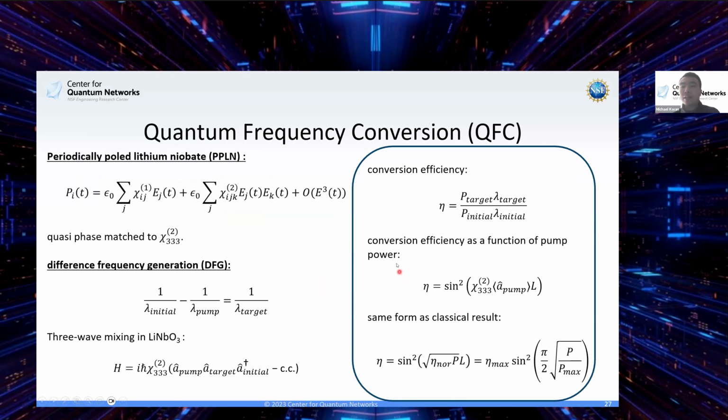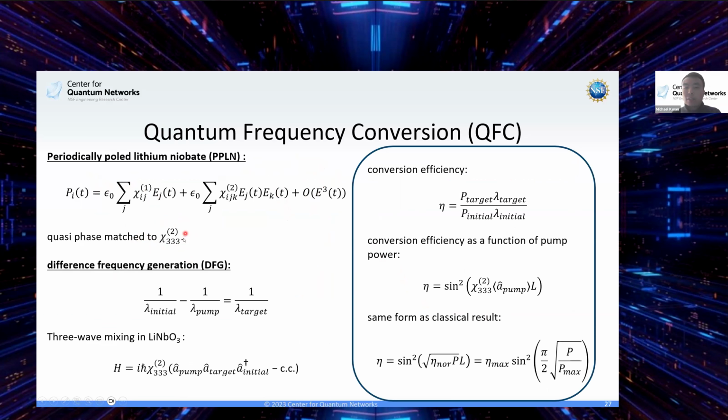Here we need to enlist the help of quantum frequency conversion. It is most frequently done using a nonlinear chi-2 material, such as PPLN. These are quasi-phase matched by temperature to the chi-2 process.